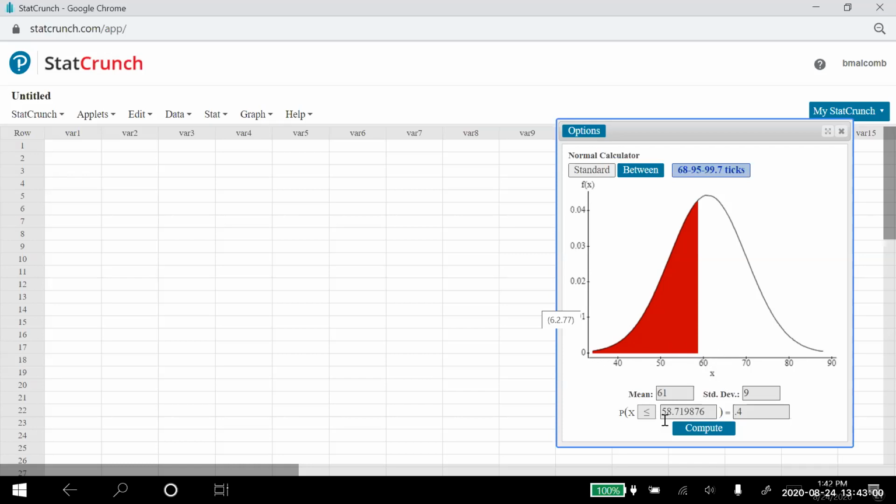So that's the 40th percentile. It says the X value, or the time, I'll go to 1 decimal place, 58.7 minutes. You could go to 2 decimal places, you'd round up to 58.72 minutes. But oftentimes they just round to 1 digit more than what the data is if you're finding numbers.